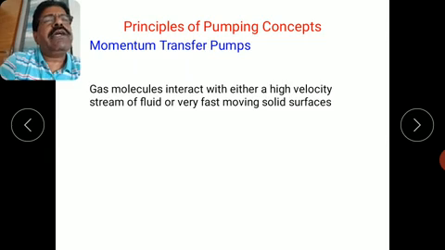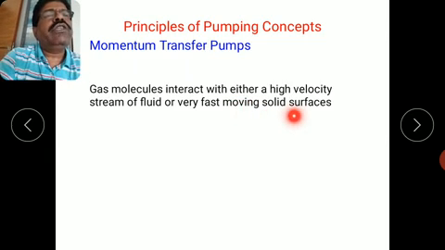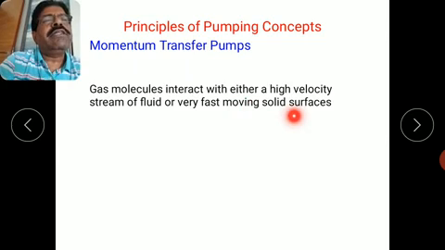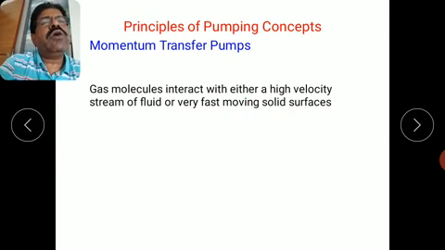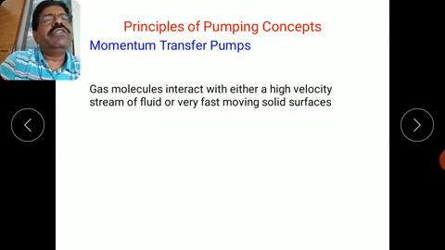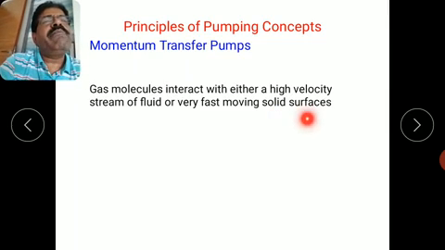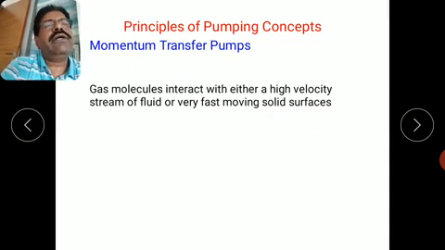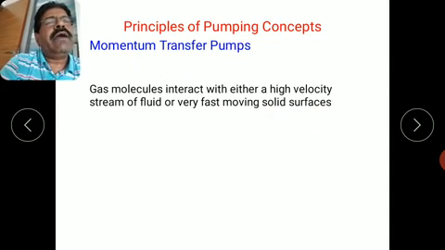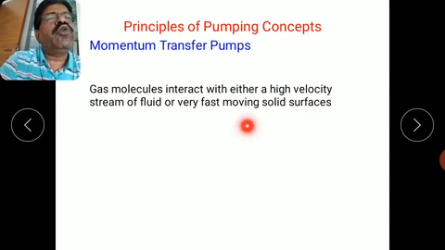They are moving. So what happens? The gas molecules inside the chamber will collide with this solid surface moving with very high velocity or a stream of fluid which is moving with a very high velocity. So in this process, they impart momentum to the gas molecules inside the chamber, and because of this momentum they will be forced to move outside the chamber or towards the discharge point.